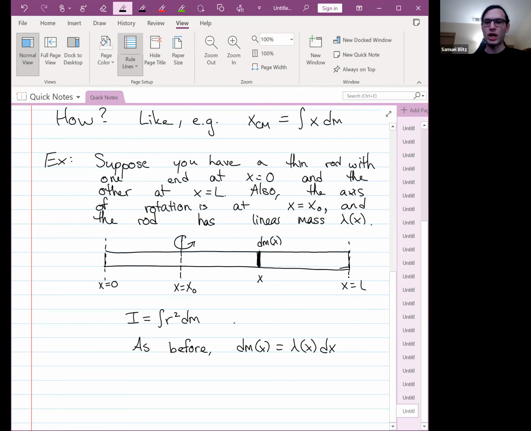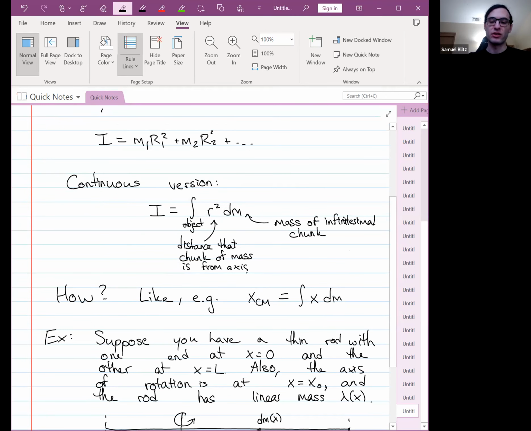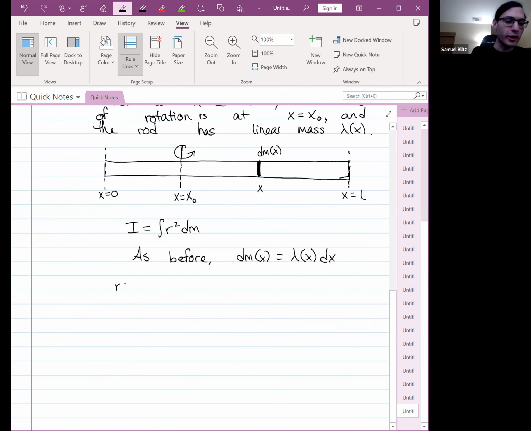And then we also need to figure out what r is. Remember that r is the distance that the chunk of mass is from the axis of rotation. A distance is always a positive number, an absolute value. So r is the distance between this chunk of mass and the axis of rotation. We can figure that out just by subtracting the two. So this should be the absolute value of x minus x naught. Or you could have done x naught minus x.